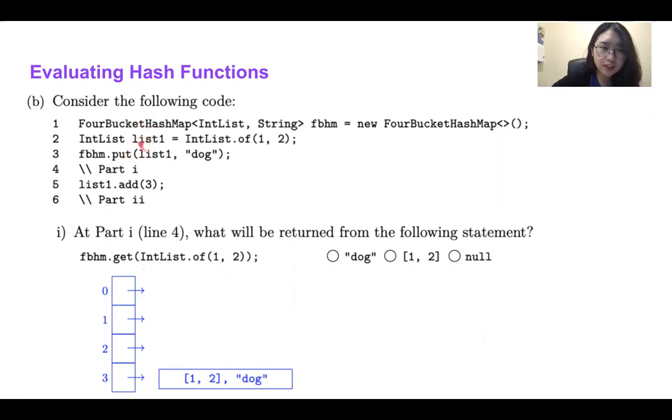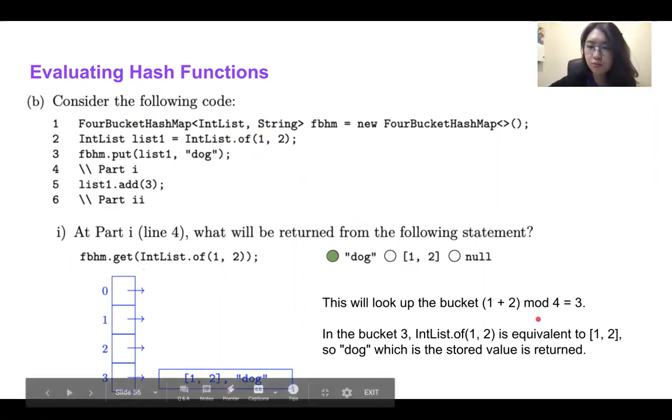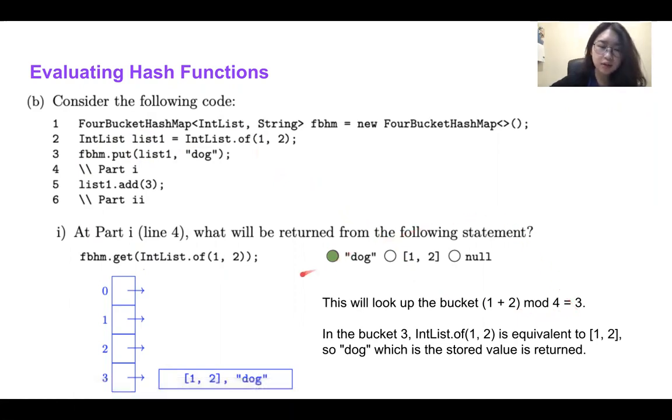We know that we constructed this list 1 up there. So we will always add these values, whatever they have given in list of. In this case, it will be 1 plus 2 mod 4 is equal to 3. So now we know where the given key will be inserted.